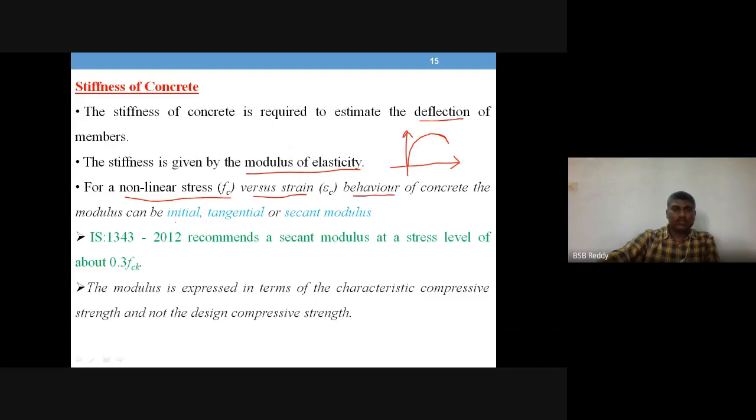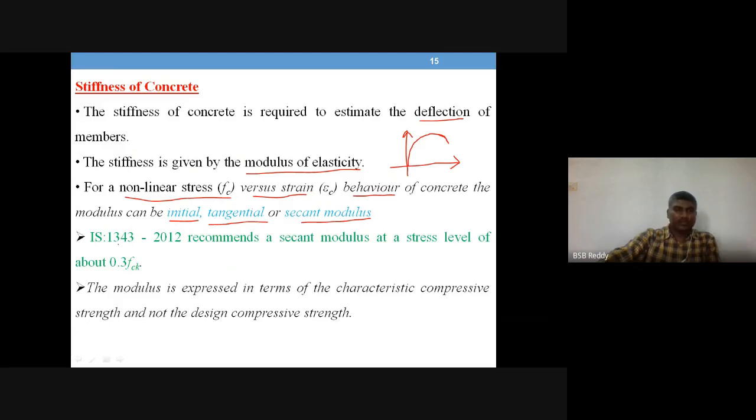So either initial, tangential, or secant modulus can be used as Young's modulus of elasticity.